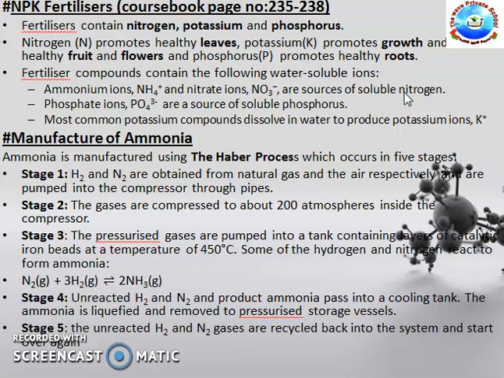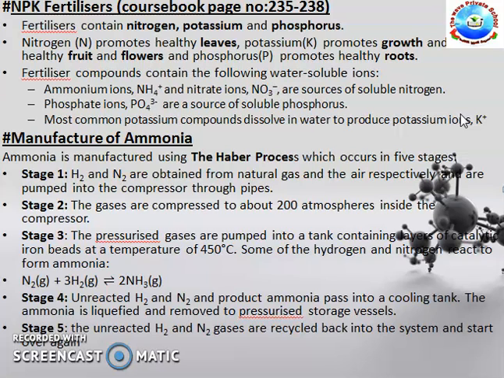In phosphorus there are phosphate ions. Okay. Most common potassium compounds dissolve in water to produce potassium ions. So when potassium compounds dissolve in water, they give potassium ion, that is K+. Got this concept?